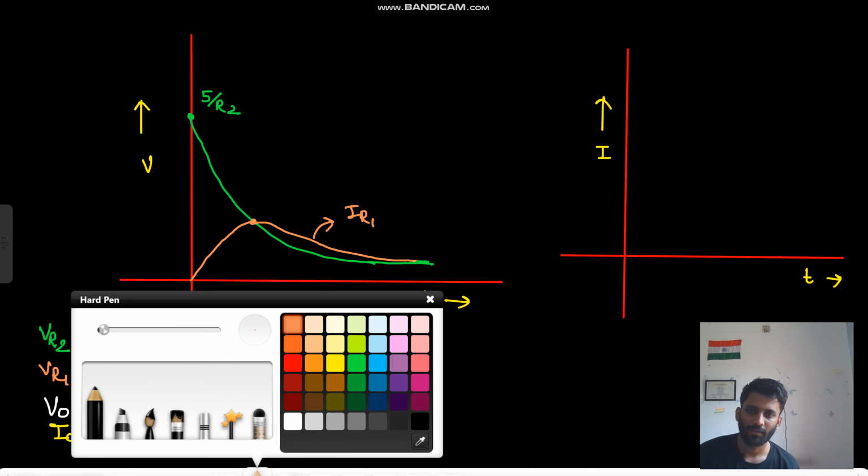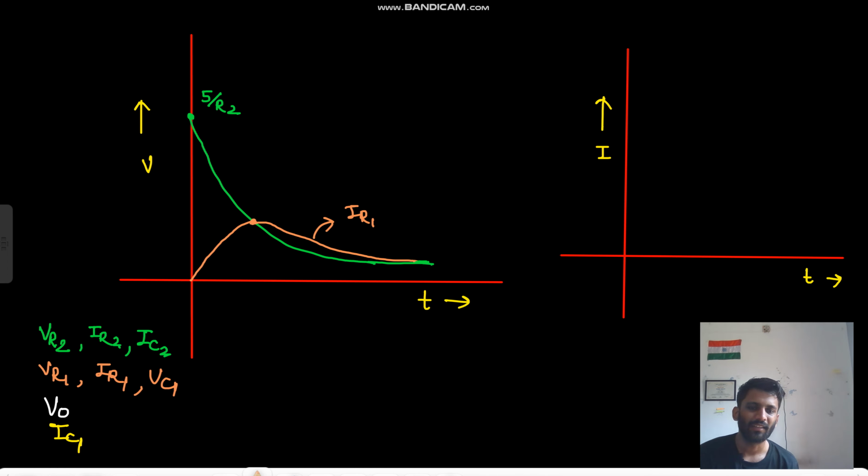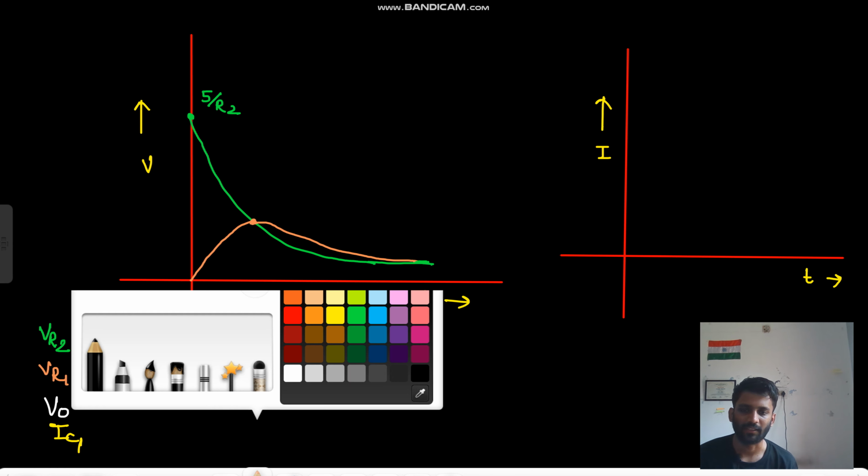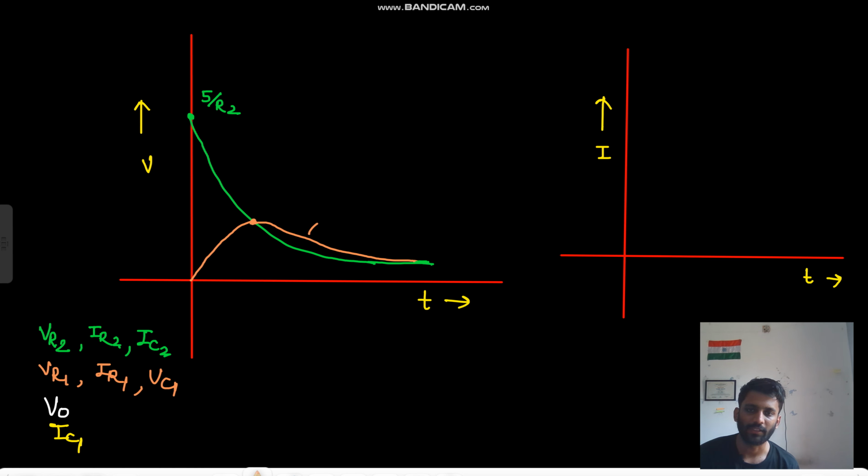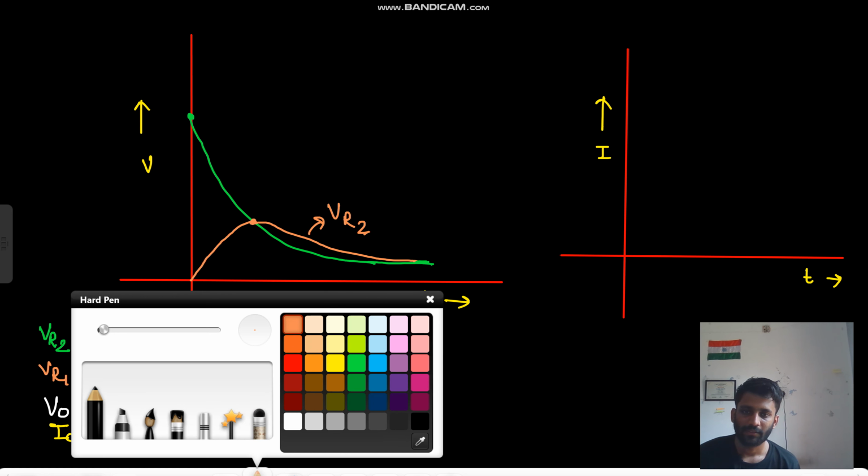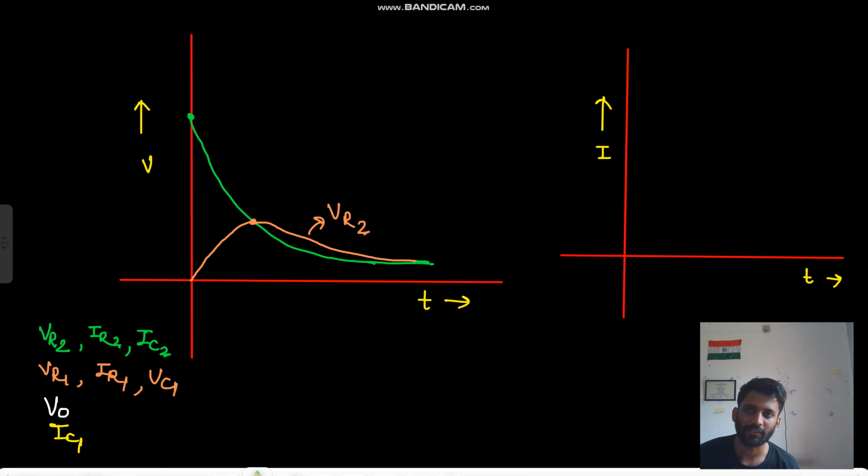Not the current, actually: current and voltage are both equal in shape, just the multiplication, nothing else. So this is voltage VR2, and I shouldn't have written 5 by R2 here. I should have written 5 volts. Initially VR2 was 5 volts, and then it was going down.